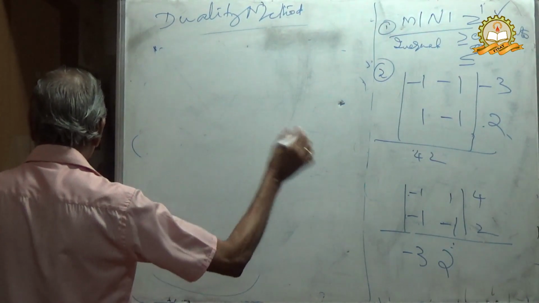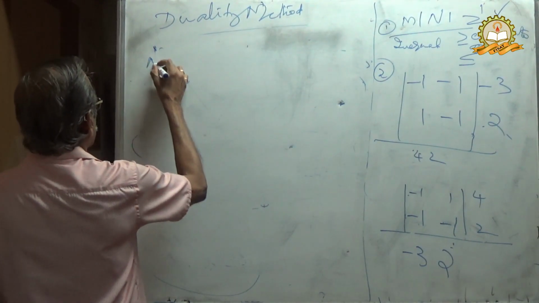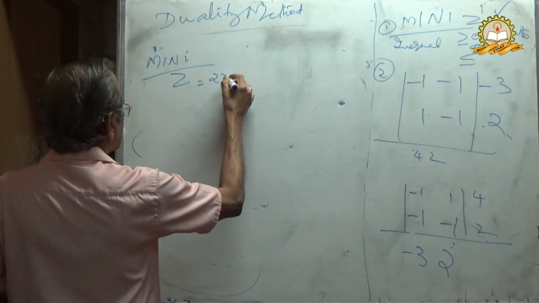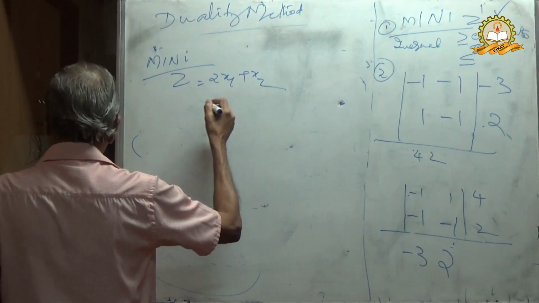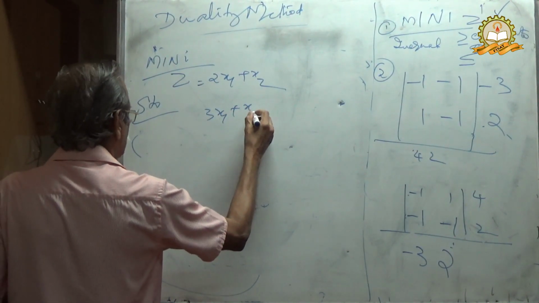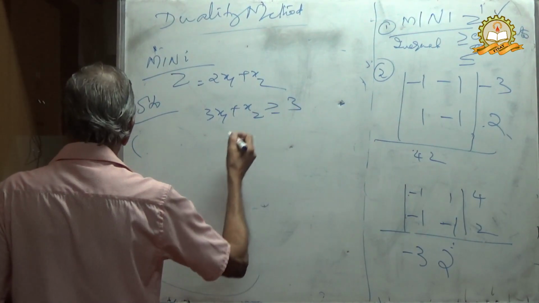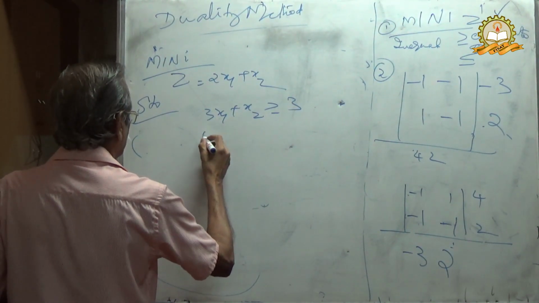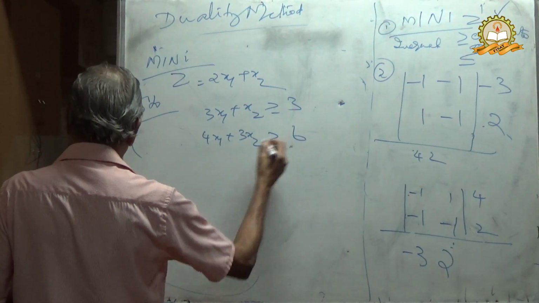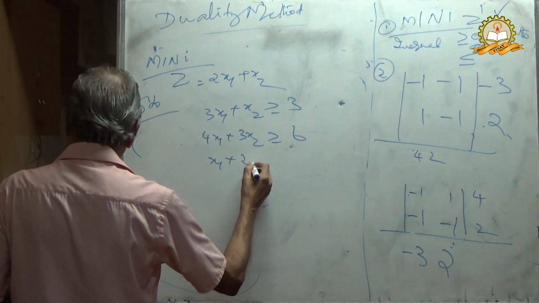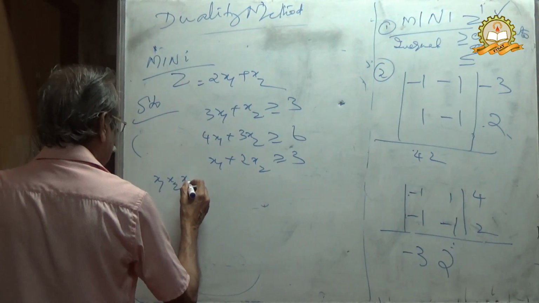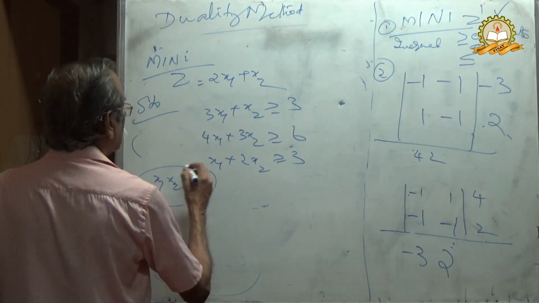Solve only by duality. Minimize z equal to 2x1 plus x2 subject to constraints 3x1 plus x2 greater than or equal to 3, 4x1 plus 3x2 greater than or equal to 6, x1 plus 2x2 greater than or equal to 3, x1, x2 greater than or equal to 0.